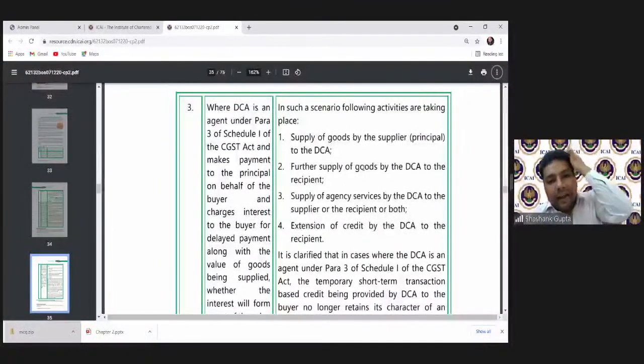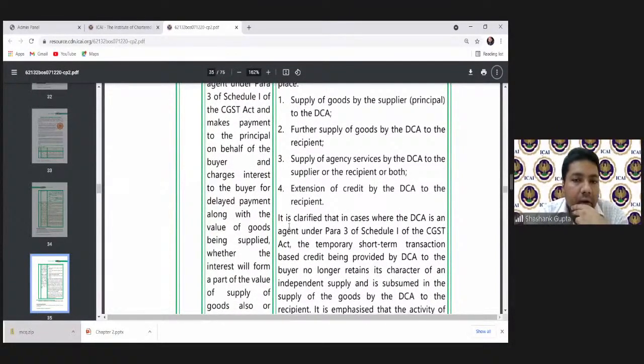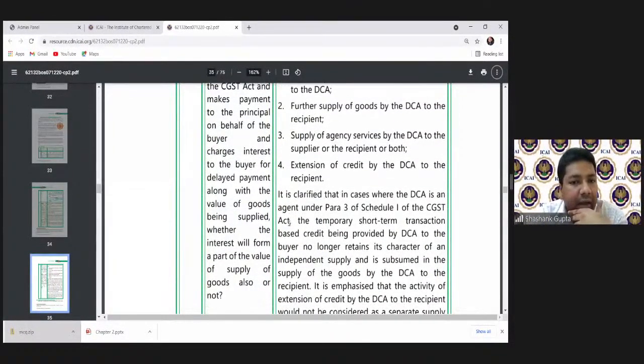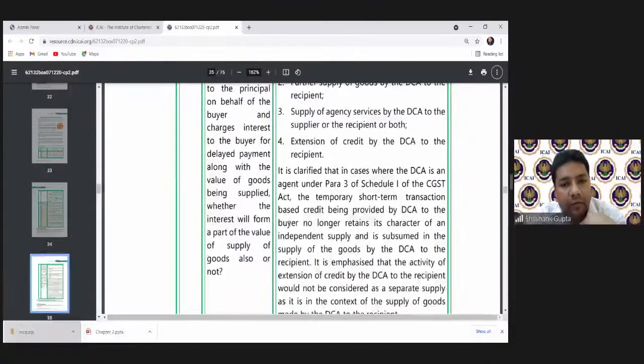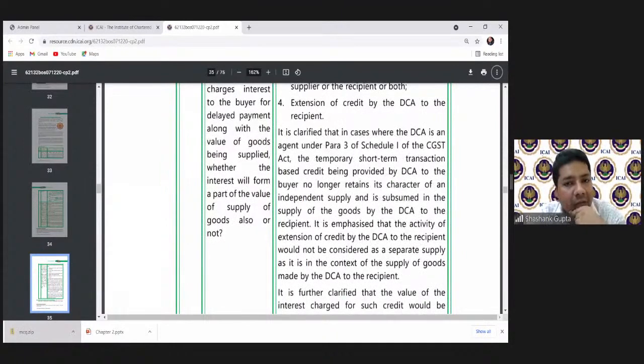And lastly, where the del credere agent is an agent under para 3 of Schedule 1 of the CGST Act and makes payment to the principal on behalf of the buyer and charges interest to the buyer for delayed payment along with value of goods being supplied, whether the interest will form a part of the value of supply of goods or not.